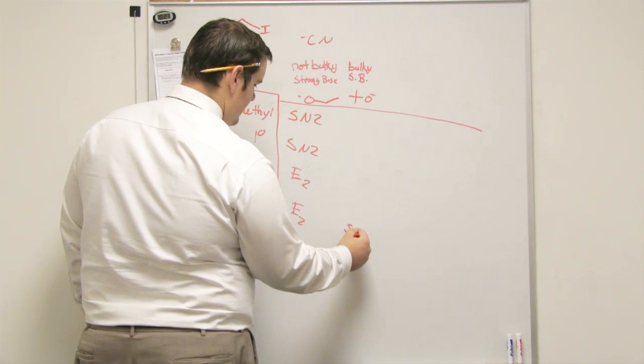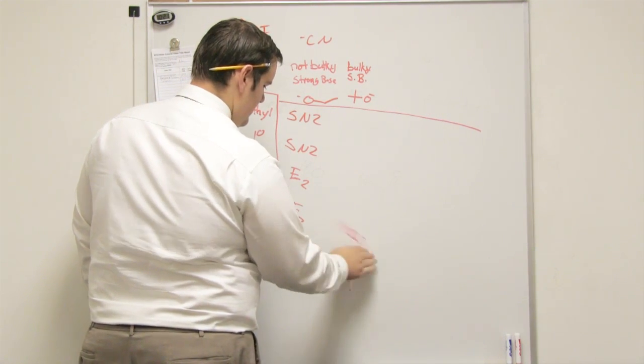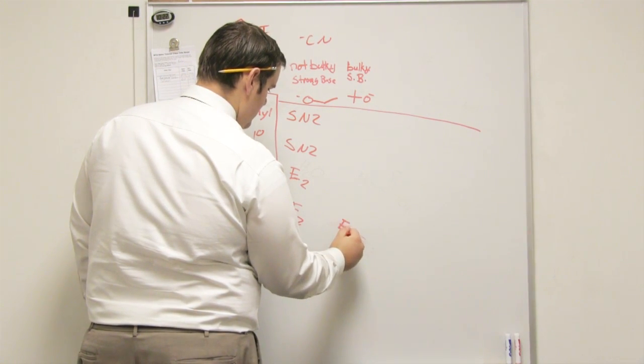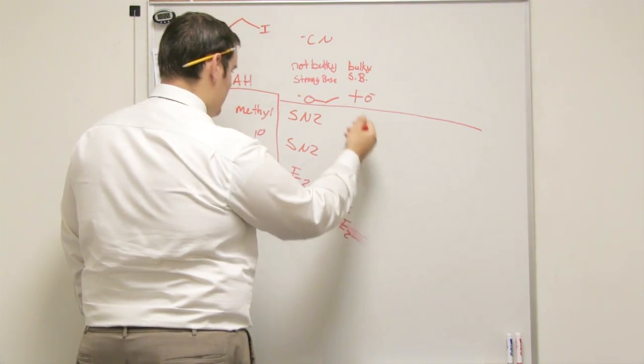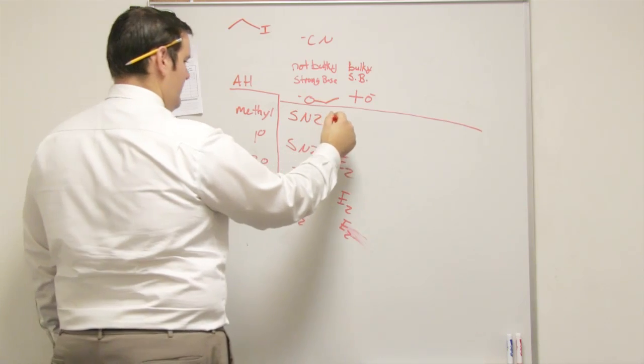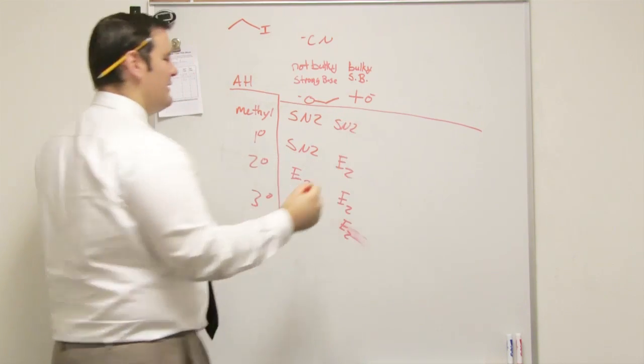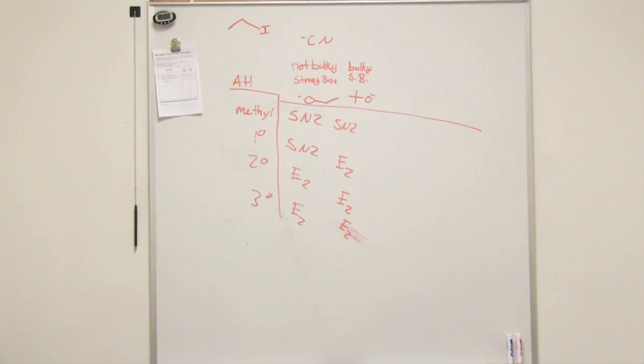For tertiary, it's going to be E2, and then E2 again, E2, and then primary is E2, and then methyl is SN2. Can't have elimination from methyl because there's no place to have a carbon-carbon double bond.